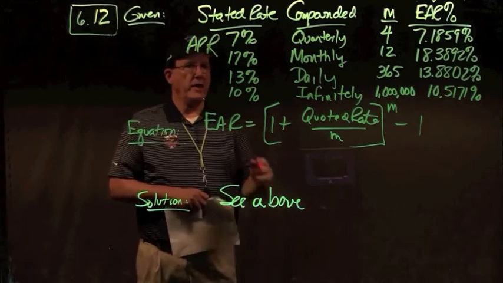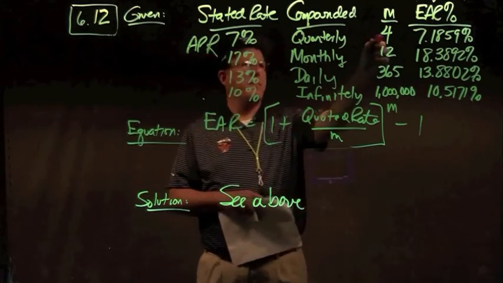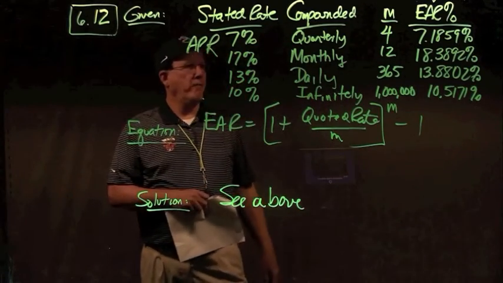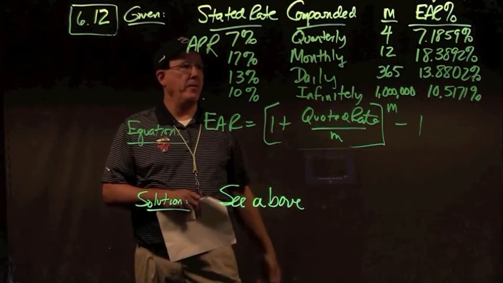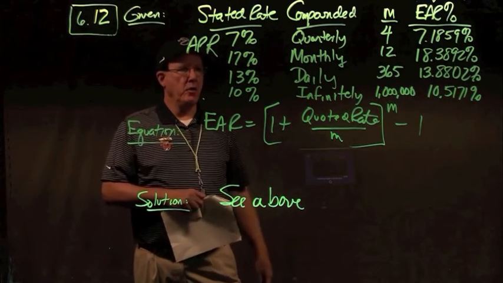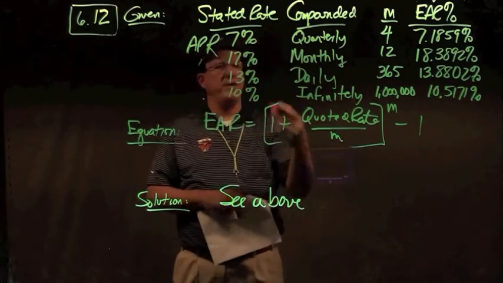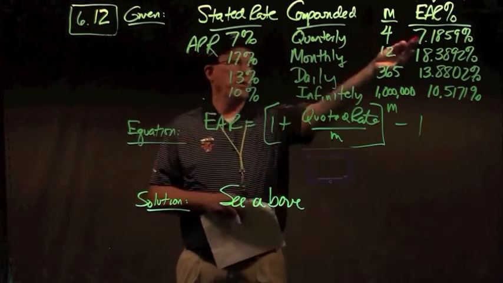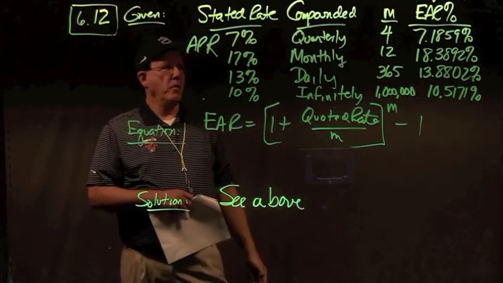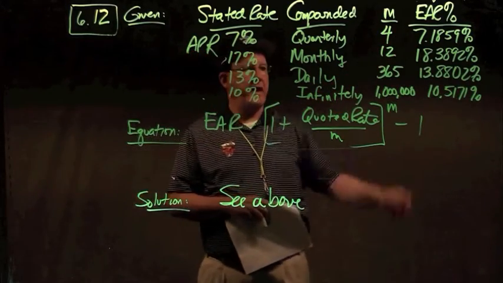So we're going to look at these four cases. 7% compounded quarterly means I'm going to use an M of 4, and my answer has got to be higher because it's compounded more times per year. Whether you're paying this rate of 7%, you're going to pay more, or receiving 7% compounded quarterly, you're going to receive more. The number is always going to be higher in the EAR column.